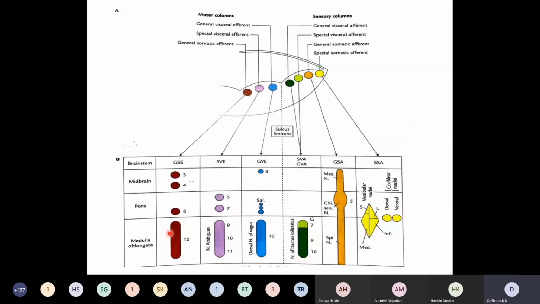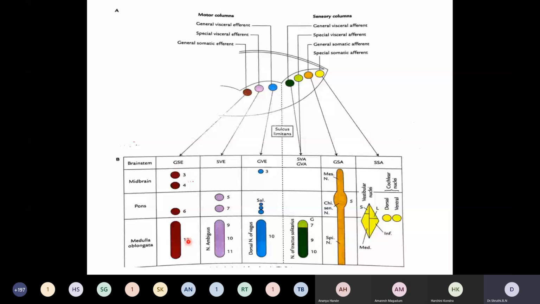Then we have in the medulla oblongata one more cranial nerve nuclei, the 12th cranial nerve nuclei, that supplies the muscles of the tongue, except palatoglossus. So under GSE, general somatic efferent, you will get these four cranial nerve nuclei: 3rd, 4th, 6th and 12th.